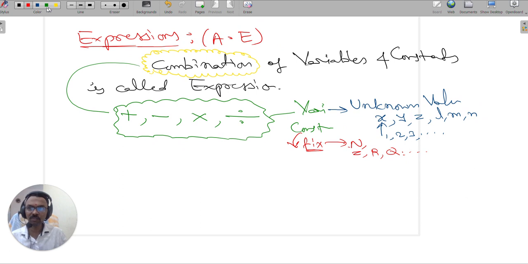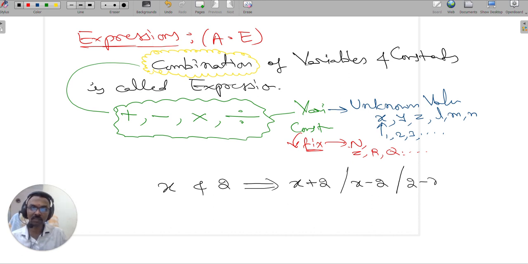Combination of variables and constants is, see, if x is here and 2 is here, the combination maybe by adding, that is x plus 2, or x minus 2, or 2 minus x. However you can combine these using the addition operation.